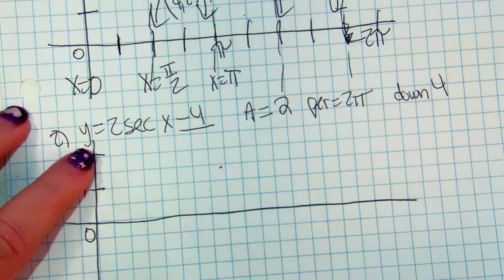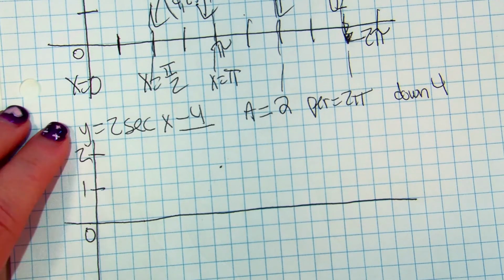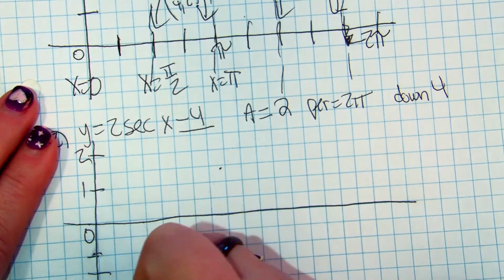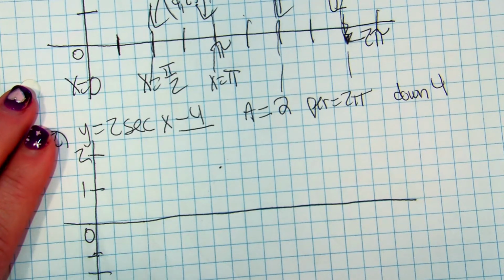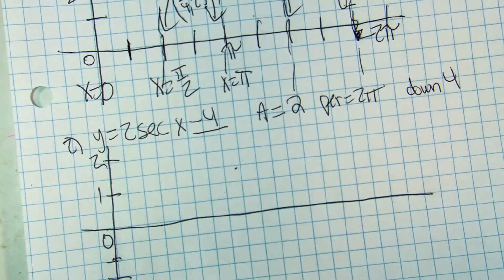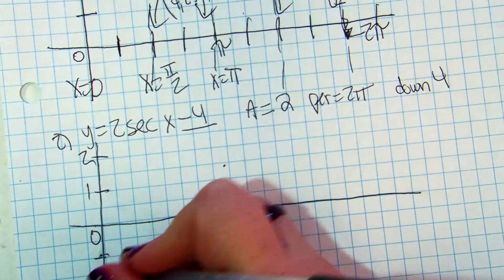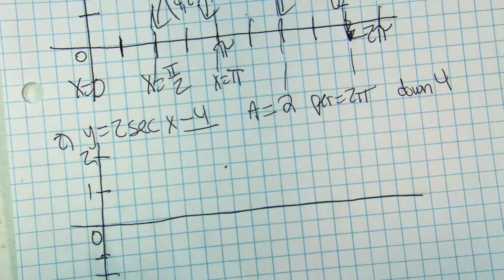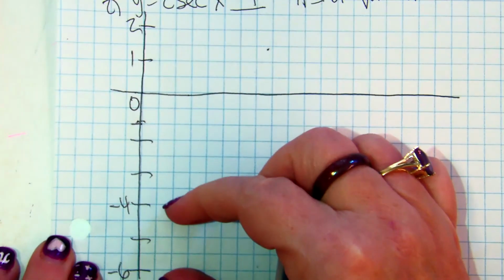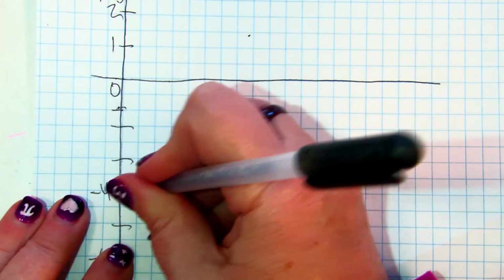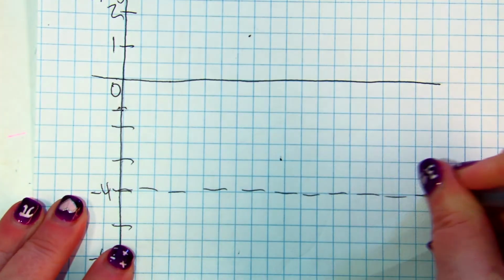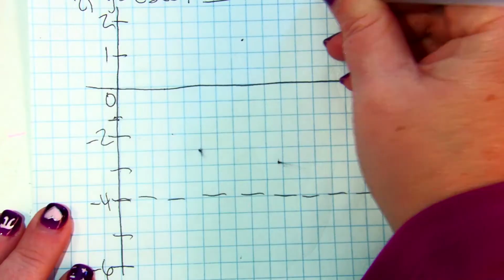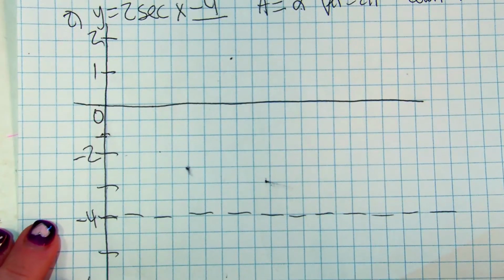I have to make sure I can go up 2, right? And then we're going to go down 4. 1, 2, 3, 4. And it's going to go down to negative 6, because the amplitude is 2. So from negative 4, where I draw my dashed line, it's going to go up 2 and down 2, because the amplitude is 2.